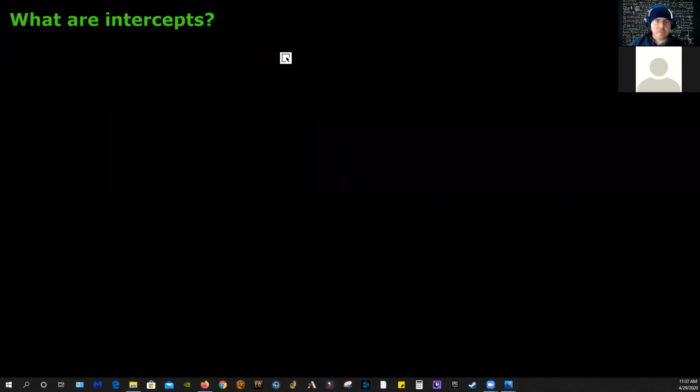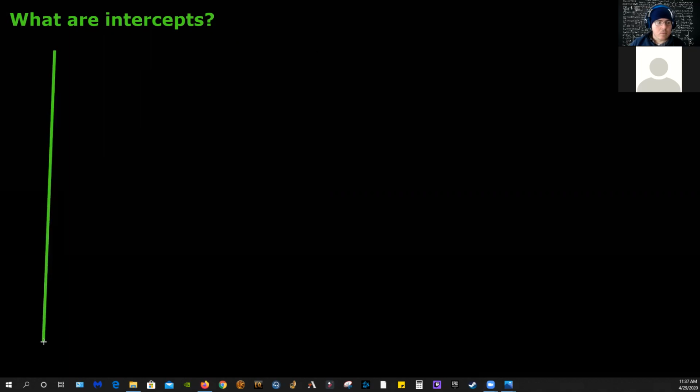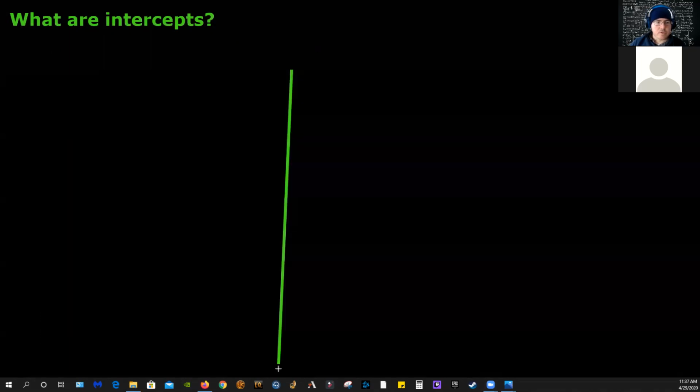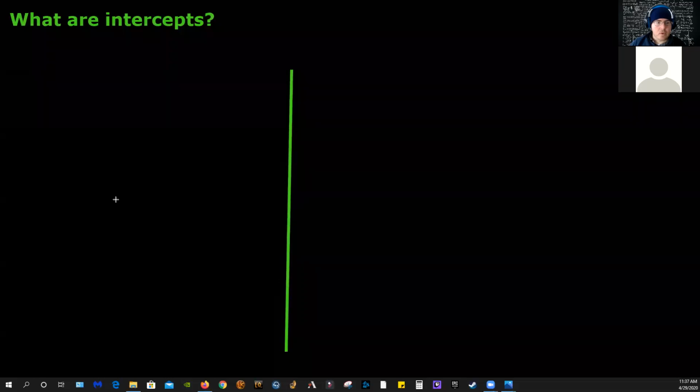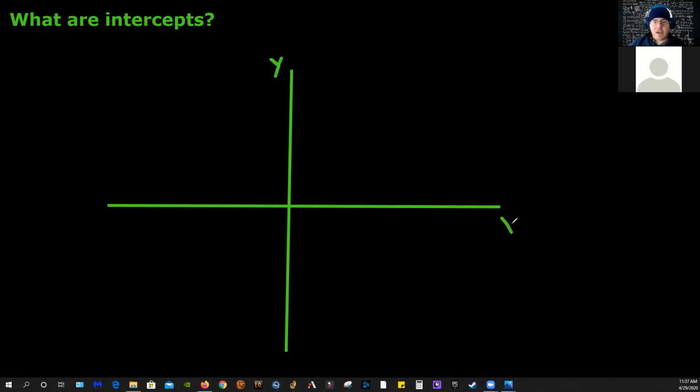There are two kinds of intercepts. Actually, let me do 4 quadrants. So you've got your y-axis and you've got your x-axis and you've got your origin in the middle.